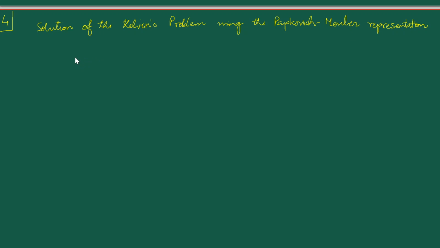To reiterate, what we had in the Popkovich-Neuber representation was two things. One of them was this B vector, and we said that the solution of the 3D elasticity problem could be reduced to the solution of two sets of Poisson equations.